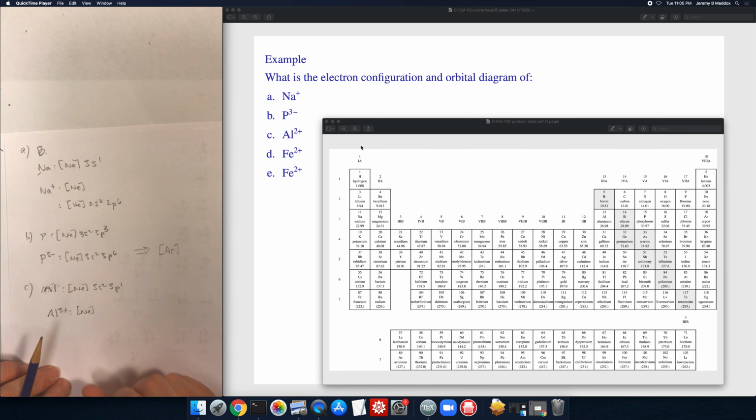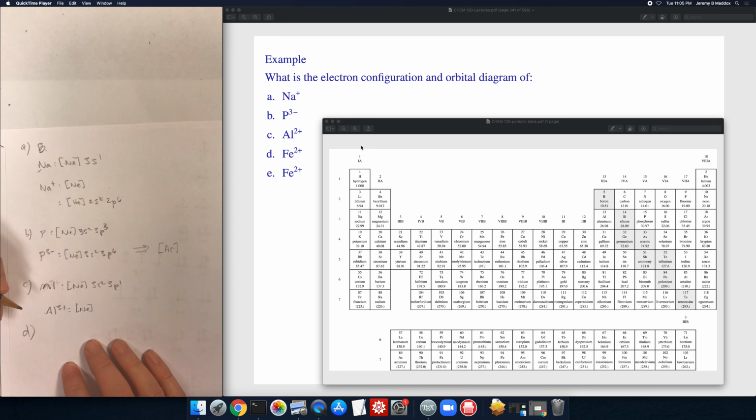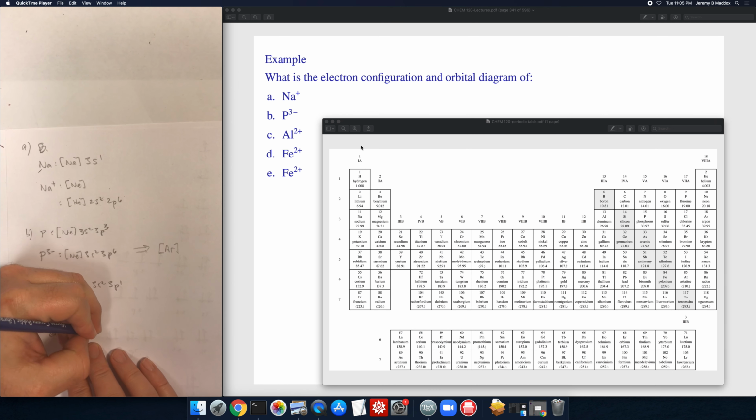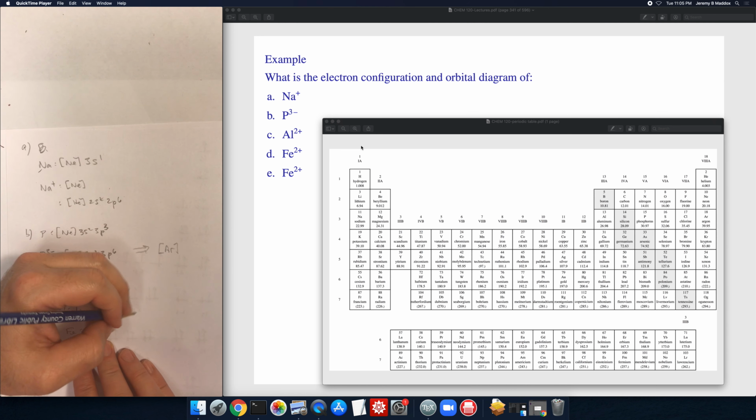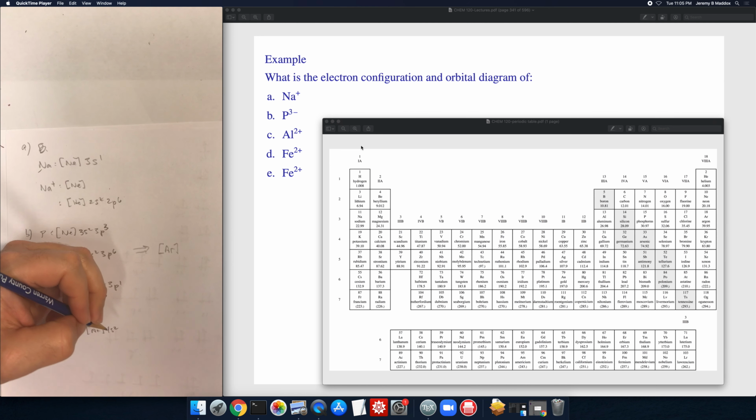For parts D and E, again a typo, one should be iron 2+ and the other should be iron 3+. So we'll do iron 2+ first. So iron has an argon core, and then it's 4s2, and then we have 1, 2, 3, 4, 5, 6, 3d6.